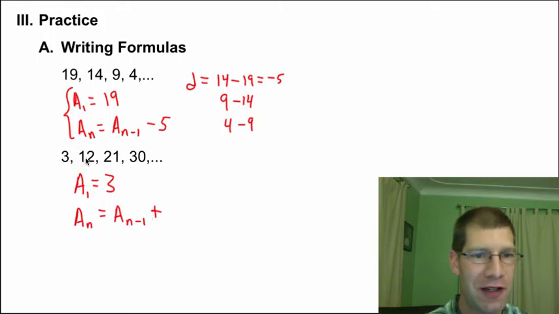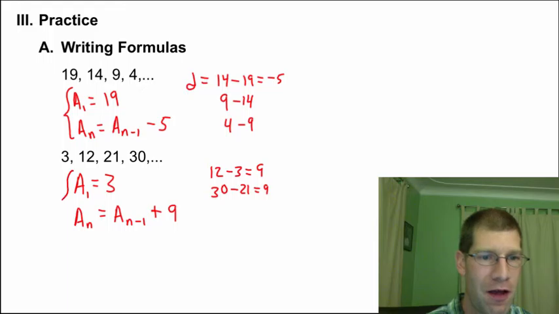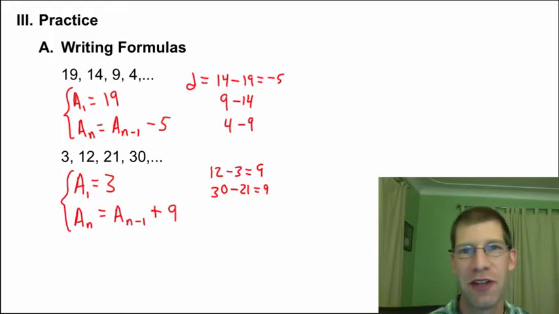And figure out what it is. A lot of people just look at it, it's 9. But if you're not sure, take a number, subtract the number before it, and you get 9. And that works whether you do the 3 and the 12, or the 21 and the 30. 30 minus 21 also gives you a 9.